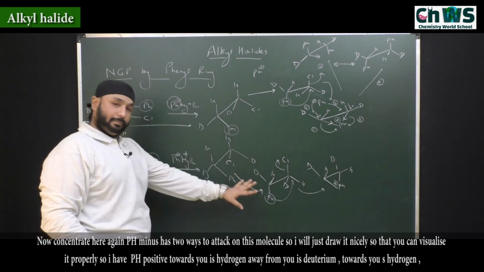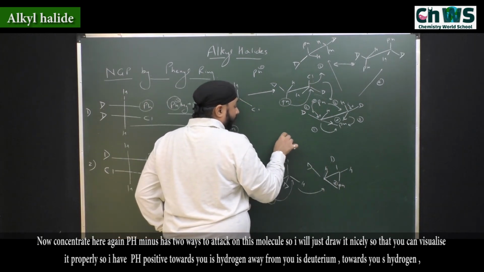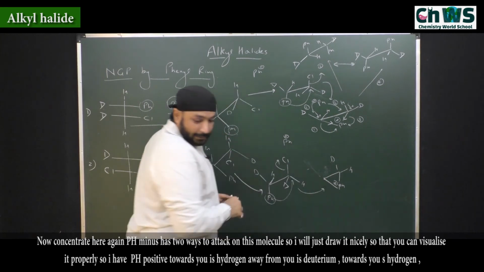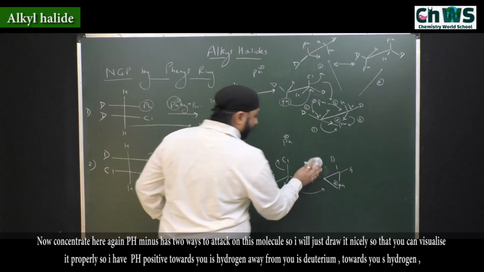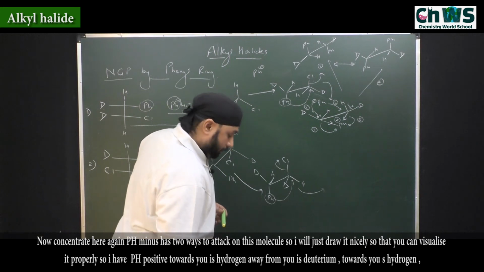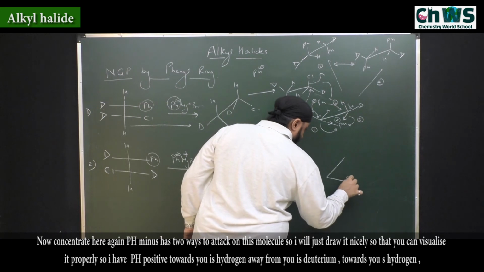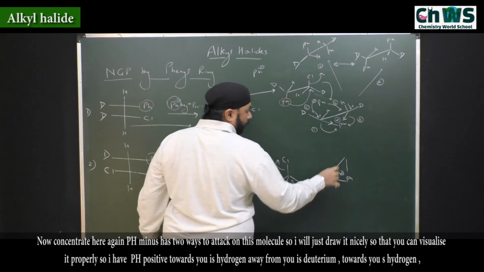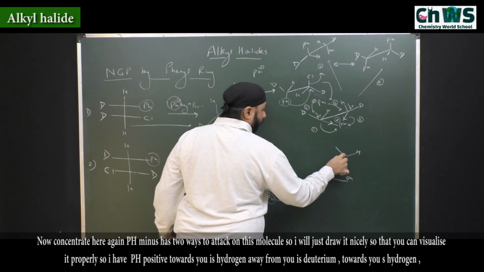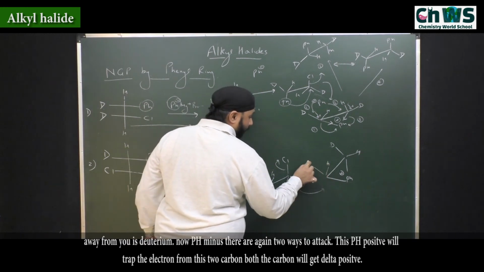Now concentrate here. Now again Ph minus has two ways to attack on this molecule, right? So I'll just draw it nicely so that you can visualize it properly. So I have Ph positive, towards you is hydrogen, away from you deuterium, towards you is hydrogen, away from you is deuterium.